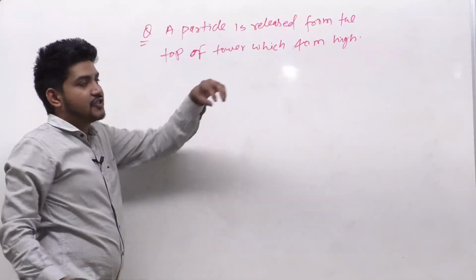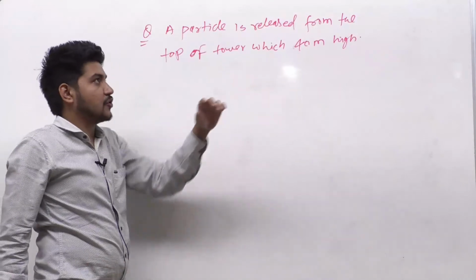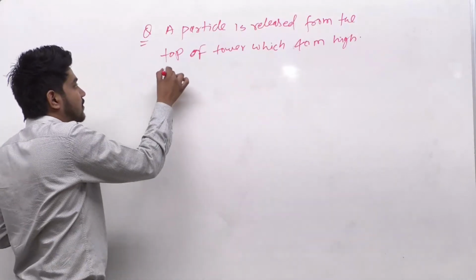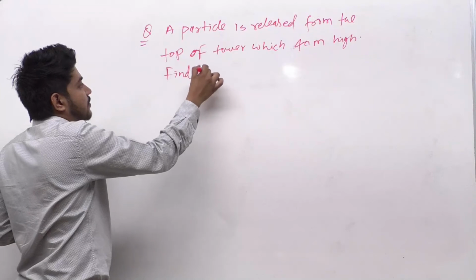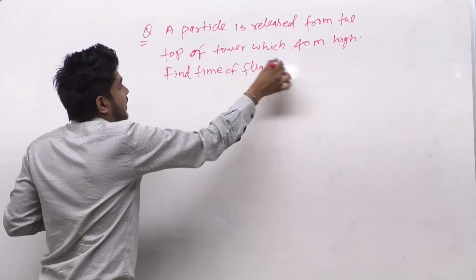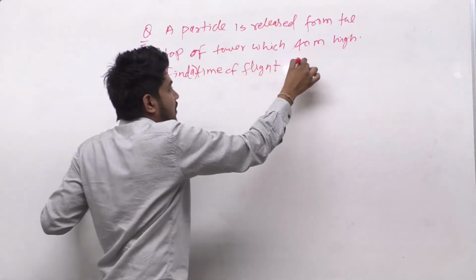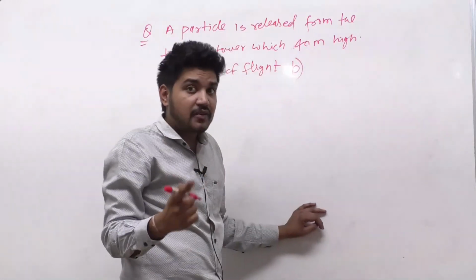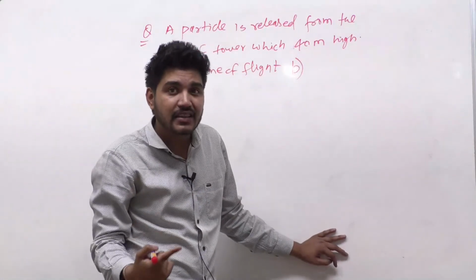This time a particle is just released from the top of a 40-meter high tower. So find the time of flight, and I'll ask two questions over here. Second question is the speed with which the particle is hitting the bottom.